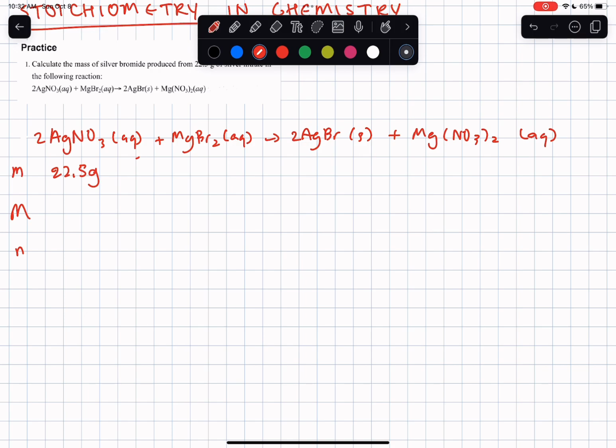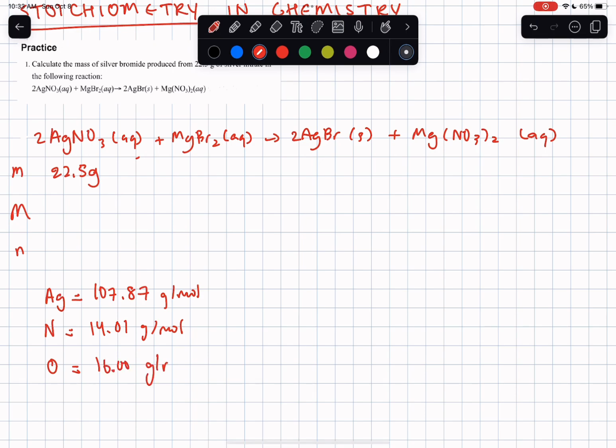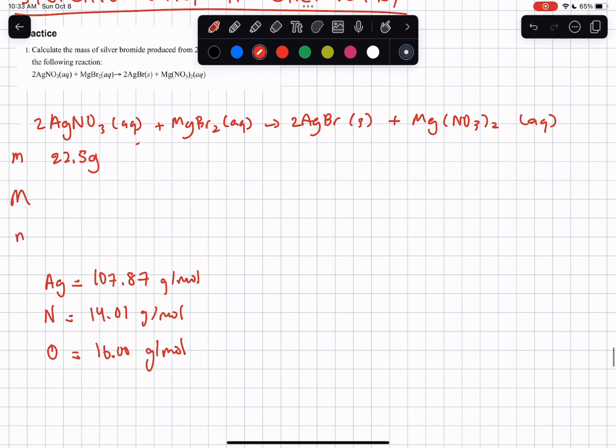And we can calculate the molar mass of AgNO3 because we know that Ag is 107.87, and N equals 14.01 grams per mole, and O equals 16.00 grams per mole.